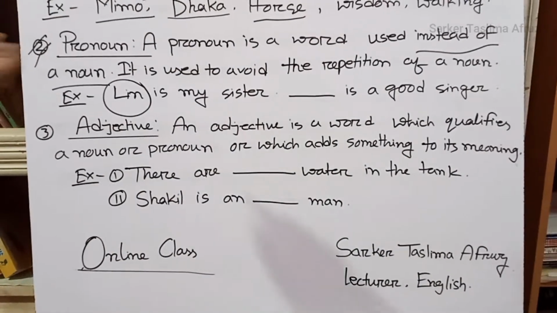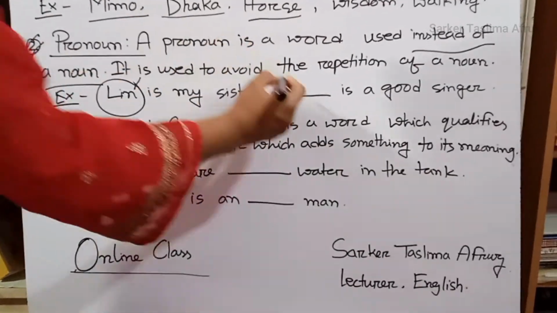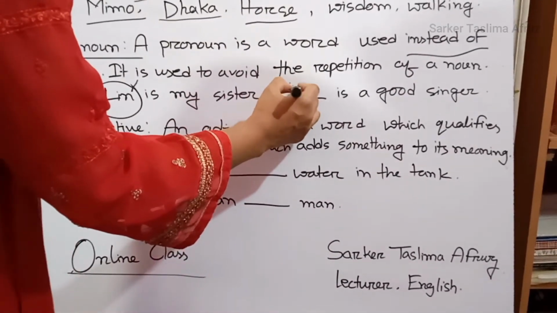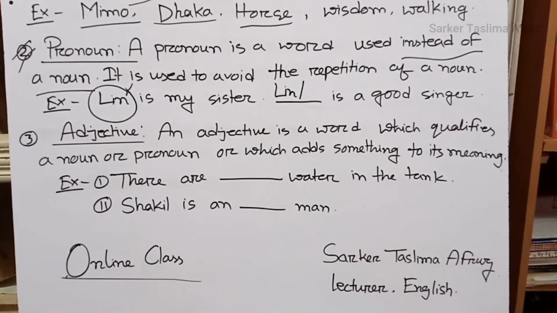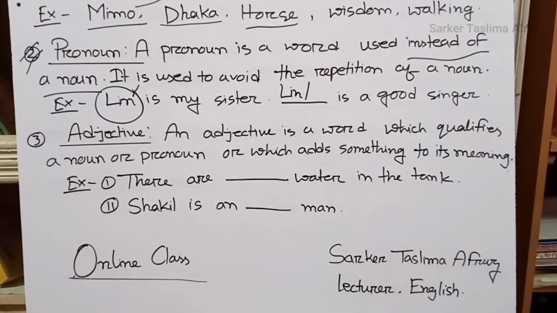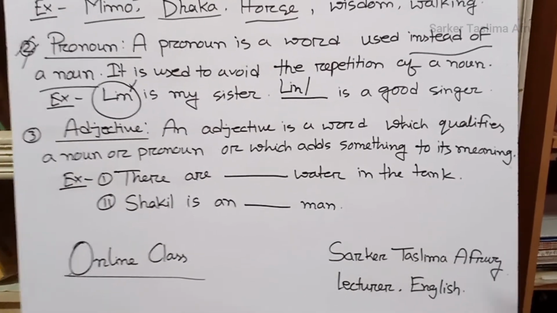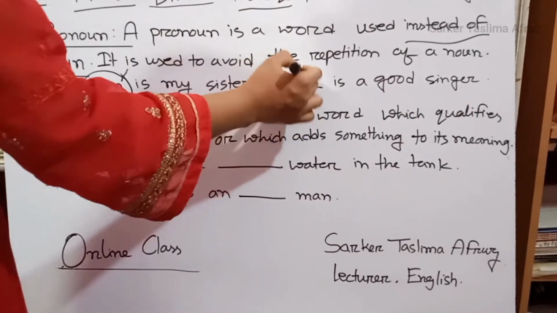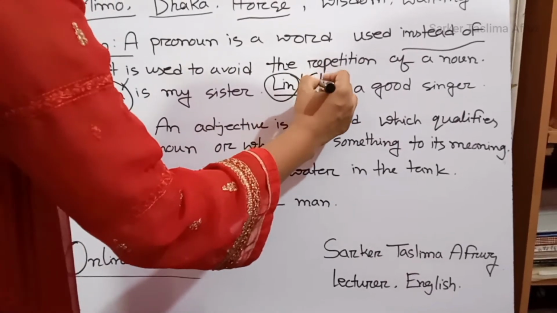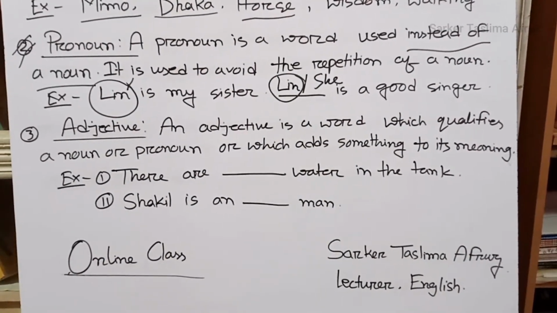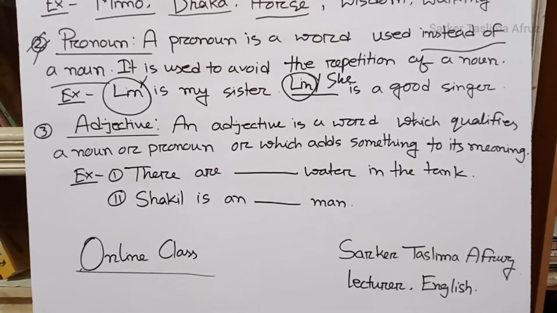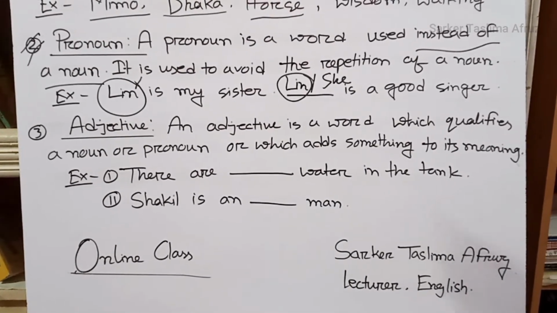Actually I'm talking about Lynn, but if I write Lynn again, it seems that I am repeating the same thing again and again. That's why to avoid this we can write here she. So this is called pronoun. I hope you understood what is pronoun.